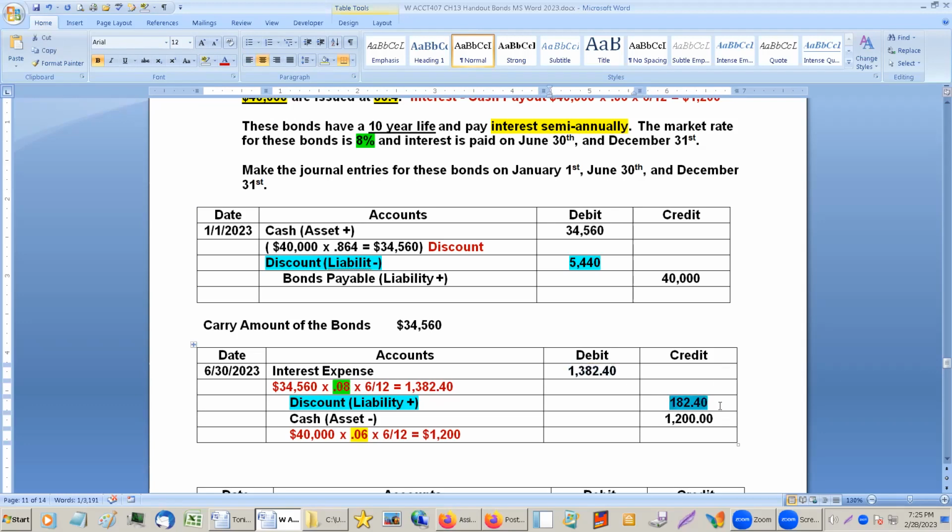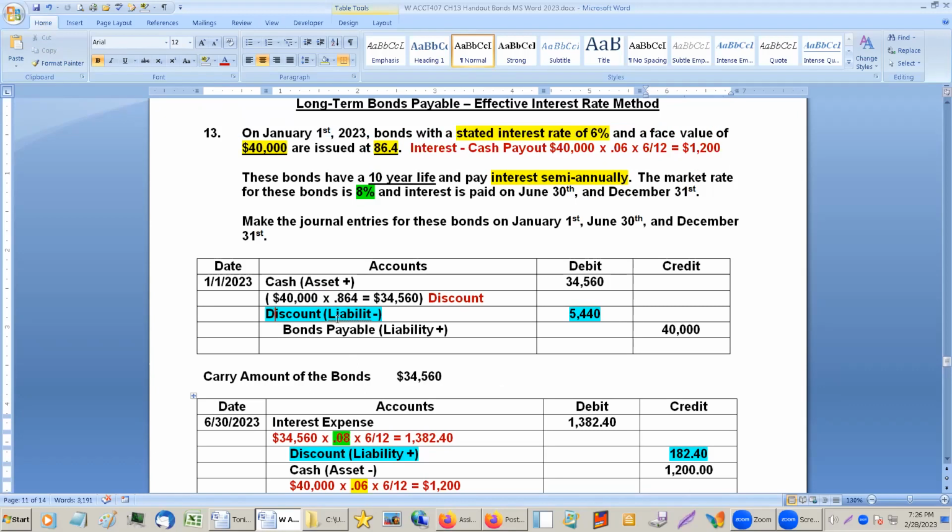So this discount means that we're actually owing them more, $182 and 40 cents more. And again, this liability is eventually going to go down to zero. This 5,440 is eventually going to go down to zero, and we're going to have to pay off that total amount there.